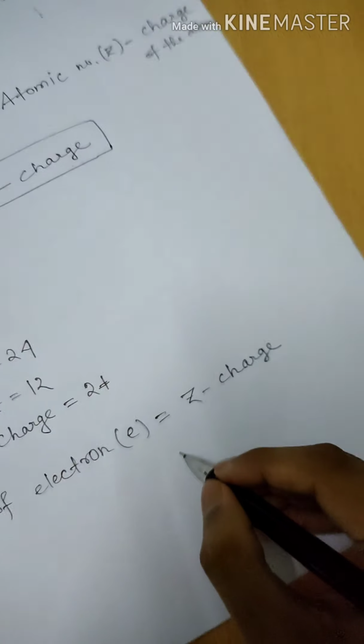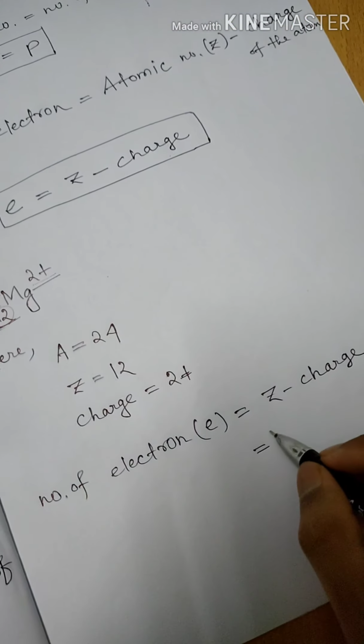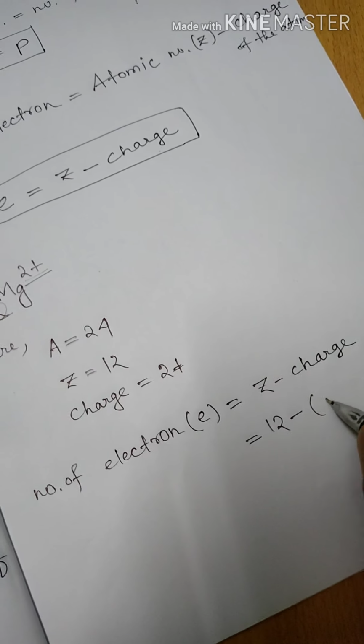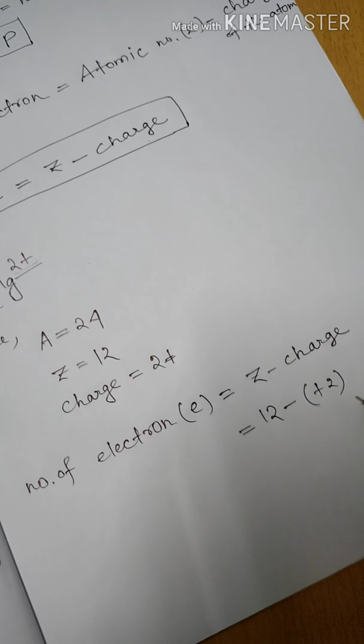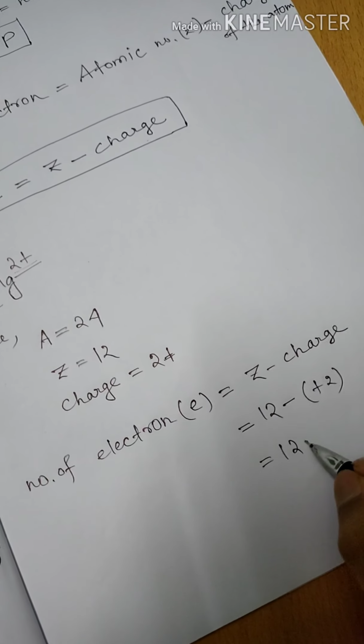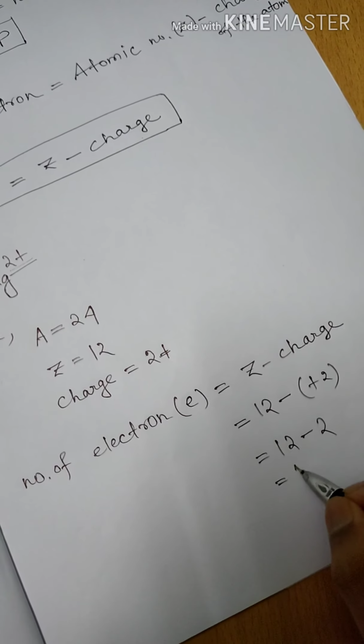Here Z is 12 and the charge is plus 2. So 12 minus 2 is 10.